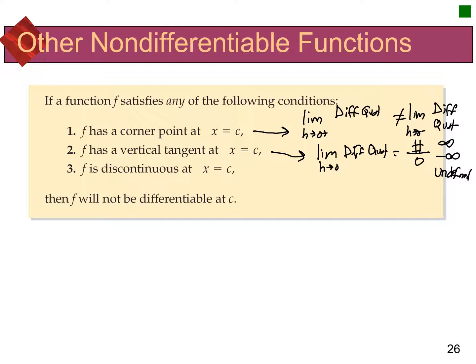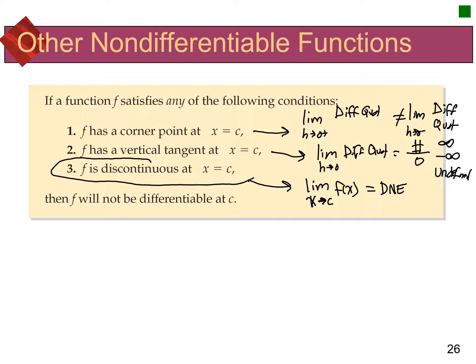And here, if it's discontinuous, basically all I would have to show, and sometimes I have to consider, is that the limit as x approaches c of f of x does not exist, and that's something I have to look at too. Usually this is the issue, and you have to look for this if you have a piecewise function.